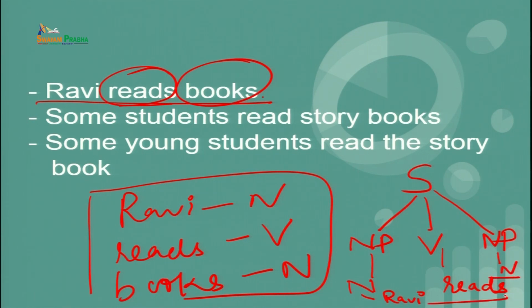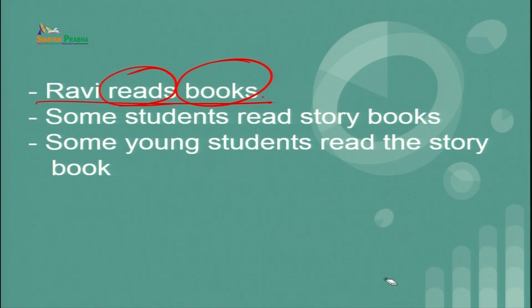That is how we have understood that a sentence can consist of a noun phrase, a verb and a noun phrase, and that is very interesting. Interestingly, in the next example it is written, some students read story books. In this sentence, you will find that there is a noun phrase, there is a verb, and there is again a noun phrase.